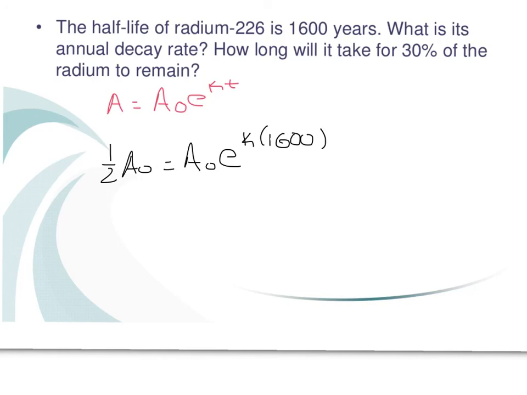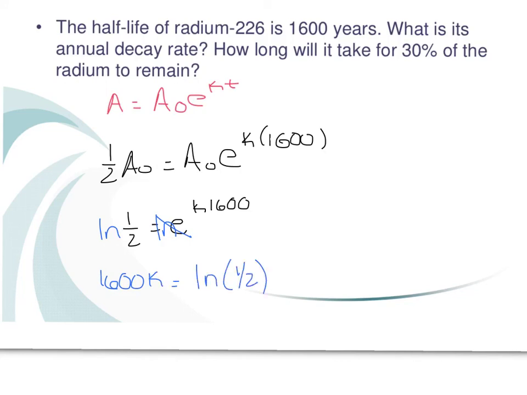Now I divide both sides by A. I end up with half is equal to e to the power of k times 1,600. Introduce ln on both sides. I get 1,600k equals ln half. Divide by 1,600 on both sides.